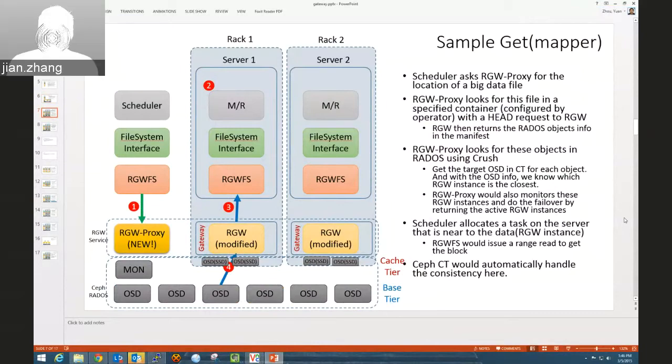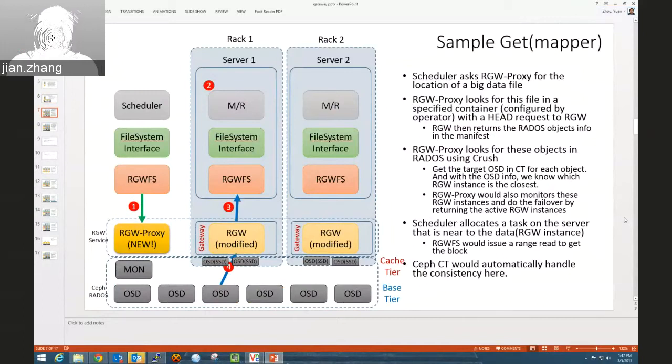Sorry, Cesar, I have a question here. Would it be possible that some data is previously in rack 1's cache tier, but somehow it will be changed to rack 2's cache tier? There's only one cache tier, right? Yeah, only one cache tier. But for example, when we're looking up which RGW to return, we need to calculate the mapping relationship.